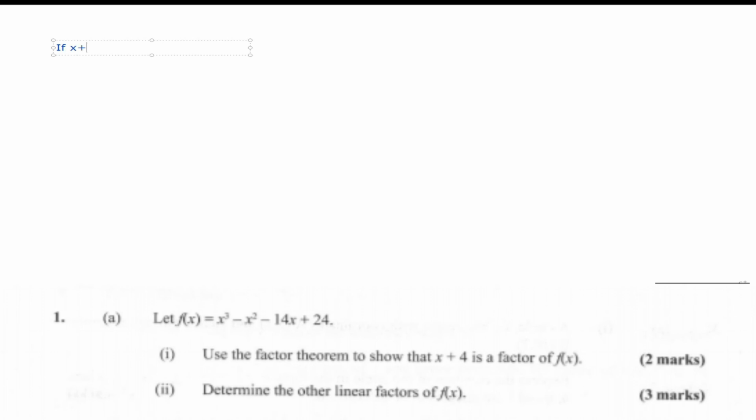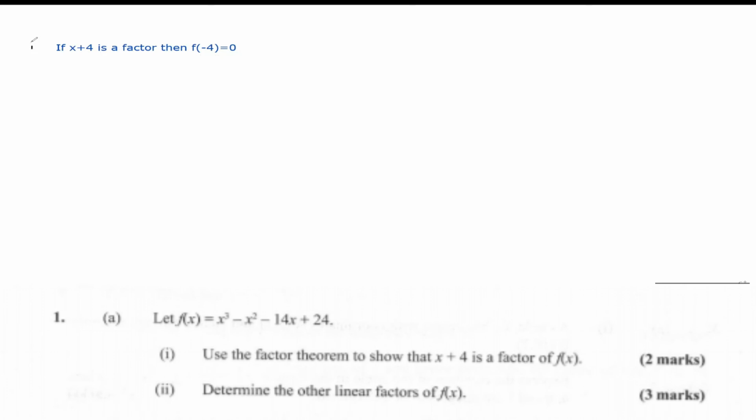If x plus 4 is a factor, then we know that f of negative 4 is equal to 0. That's what we do know. If x plus 4 is a factor, then f of negative 4 is equal to 0. So that's what we're going to show.